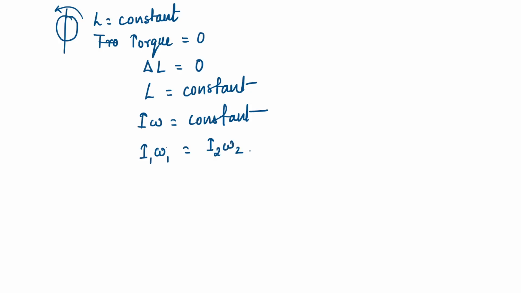For example, if I have two balls at a distance r, and somehow their distance from the axis of rotation is increased, what is happening to the moment of inertia? So r1 has now become r2.